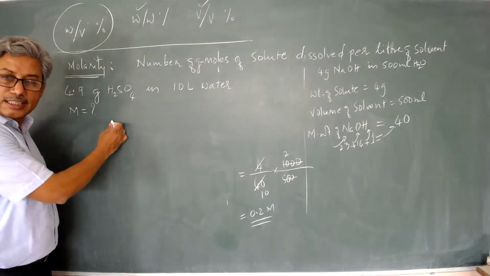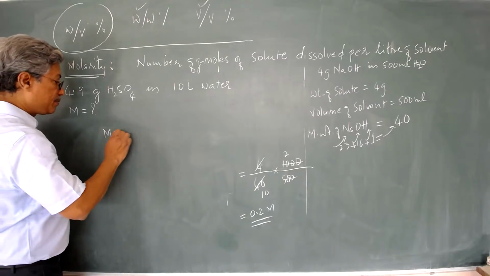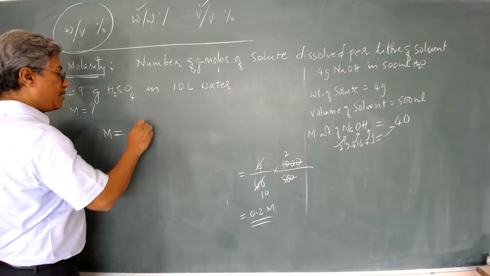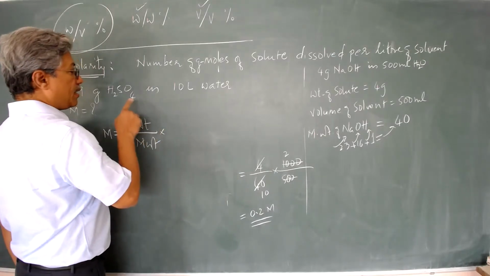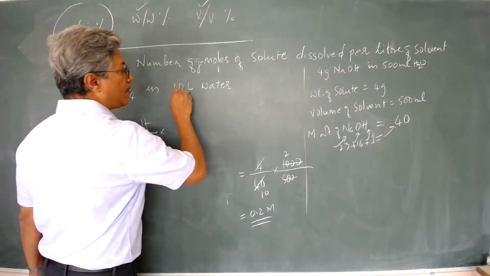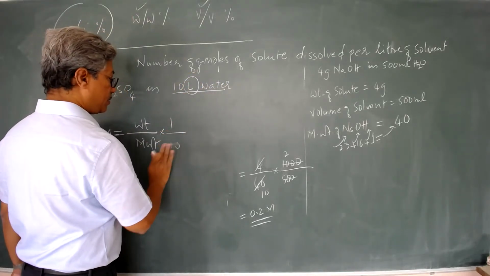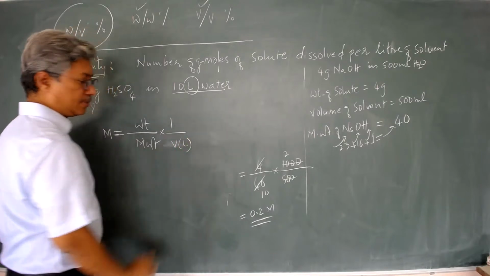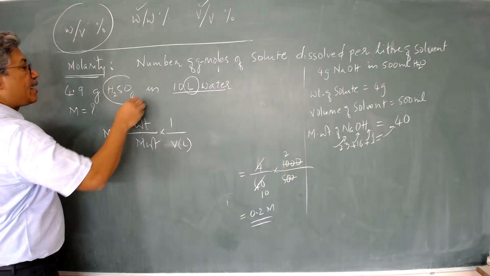The molarity of the solution can be calculated as M is equal to weight by molecular weight into, since the volume of the solvent is given in liter, 1 divided by volume in liter. Is that clear? Now, what is its molecular weight?